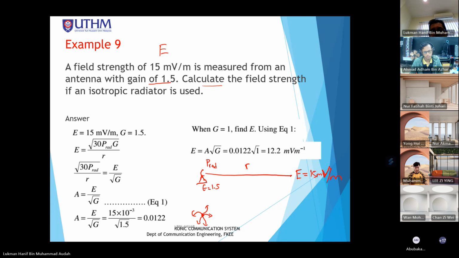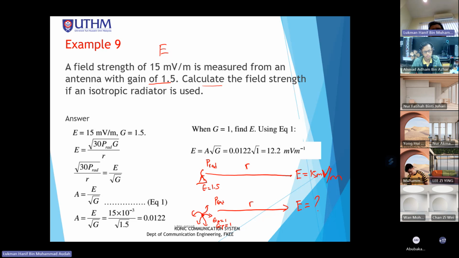Now the question said that if we change to an isotropic radiator, which has a gain GD equal to 1, GP equal to 1, and we have a P radiation, and the distance is R, how much is the E field?